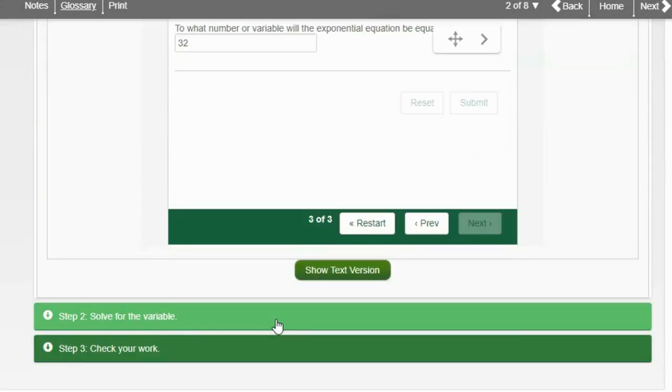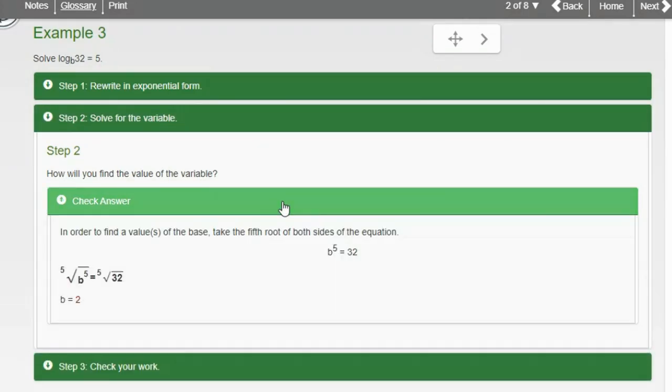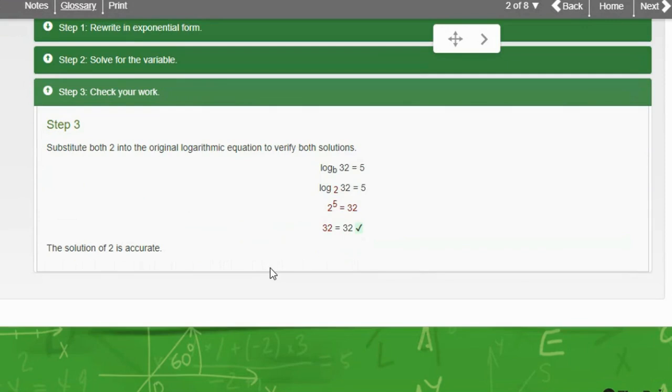All right, and then solve for the variable. How you find the value? You take the 5th root, technically. 5th root of each will get b equals 2. And then you can check your work by putting it back in there. Log 2 of 32 equals 5, which means 2 to the 5th equals 32. And 2 to the 5th is 32. So it does equal out.